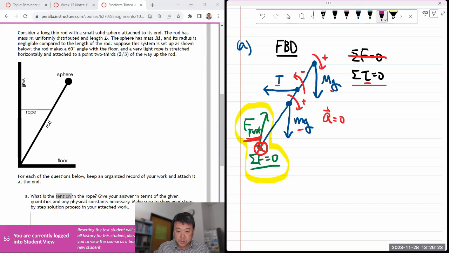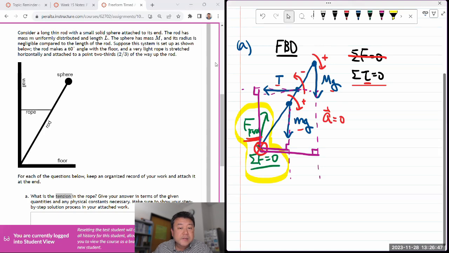So with the gravitational forces here, I'm just extending the line of action. These are the lever arms for mg and the lever arm for capital Mg. And for the tension force, extending the line of action, this perpendicular segment is the lever arm. I hope once you draw the lever arm lines, you can kind of see the triangular geometry.